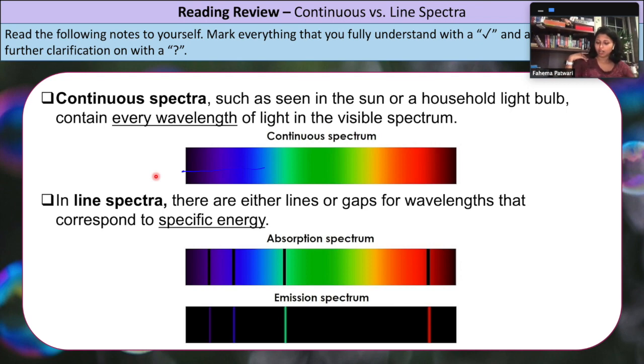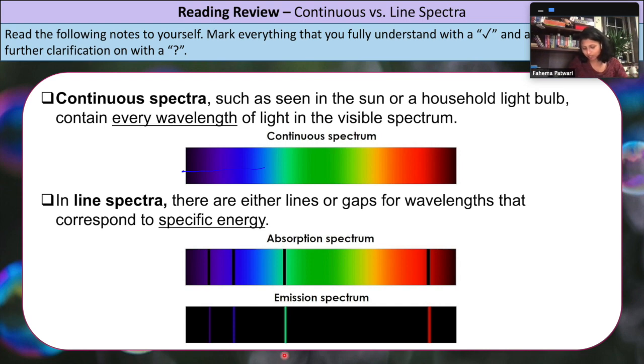Right, so every element can have its own absorption spectrum. It has its own emission spectra. It's like a fingerprint for that element, right? Hydrogen will produce lines at specific frequencies that would identify it as a spectrum for hydrogen. Same thing for helium. Helium would have its own lines in different places. And you can see here how absorption spectrum and emission spectrum are related. The lines that were absorbed in the absorption spectrum are the same as the ones that are released in the emission spectrum.